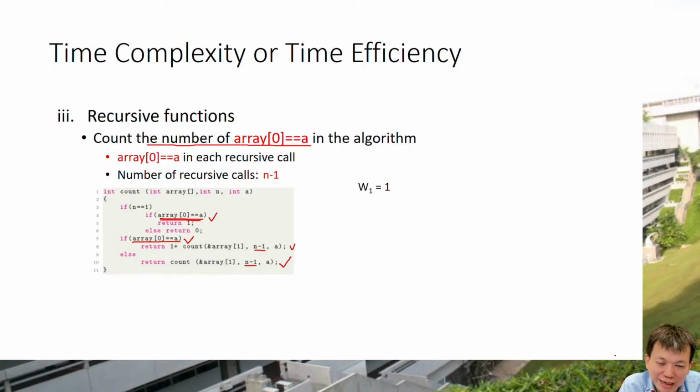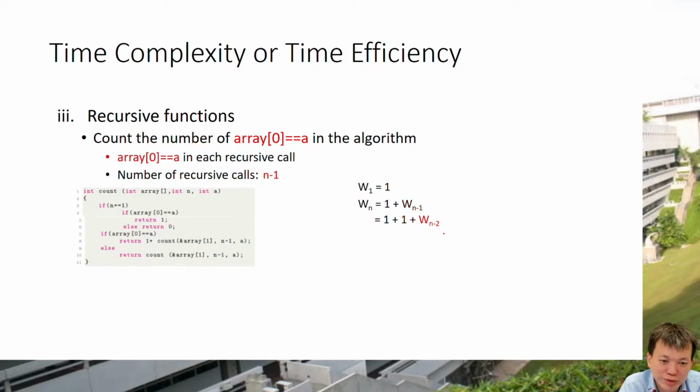This is quite simple. Every time you do one, then you do a recursive call. This recursive call itself will do one more. And then your recursive call n minus 2, then n minus 3, n minus 4, and so on. Then when your n equals 1, you will run this portion, and you will run one time.